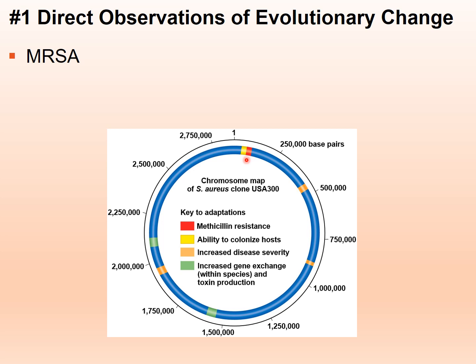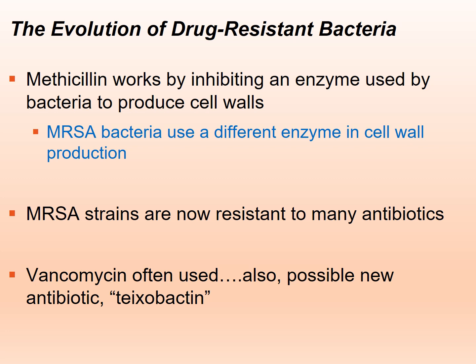So mutations can evolve, which result in new genes and new products, which can cause resistance. Now, methicillin is an antibiotic that works by inhibiting an enzyme that's used to produce the cell wall in bacteria. This is necessary.